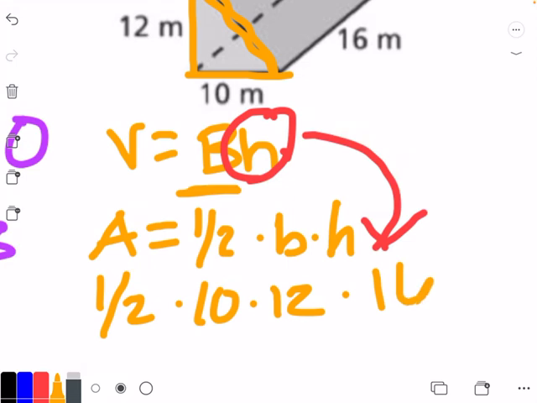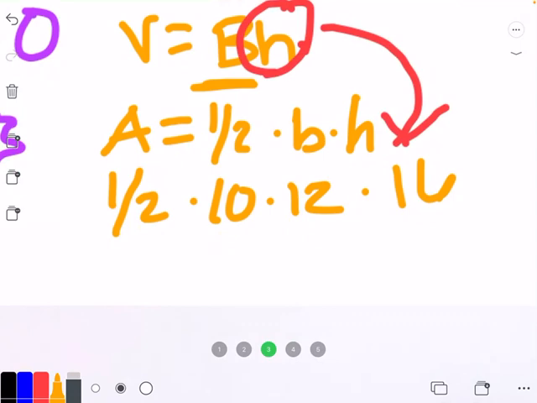So into your calculator, you would do 1/2 times 10 times 12 times 16, which is 960.